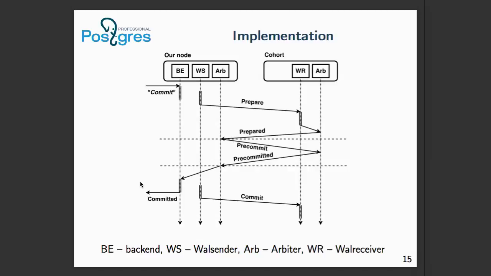So after all pre-committed messages are also collected, we can do an actual commit and respond to the client. And we do not even need to wait for that commit to propagate to other nodes, because even if that message is lost, there is enough information on the nodes to proceed with that commit.